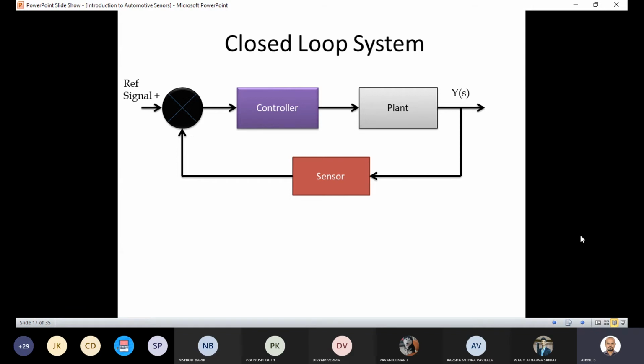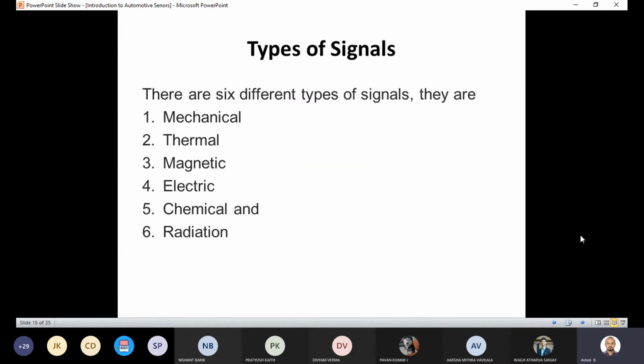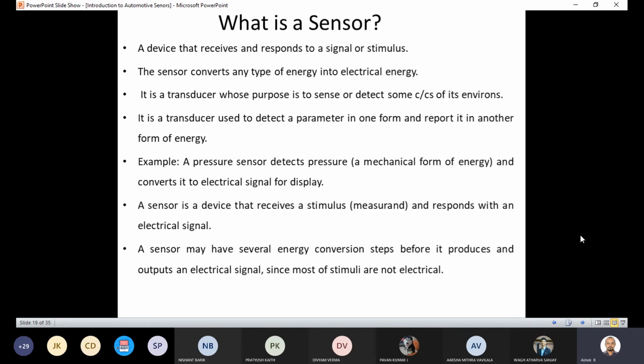For this purpose the sensor is used. What types of signals can be measured using a sensor? Mechanical, thermal, magnetic, and electrical signals, for example how much voltage or current is going through a particular circuit, as in the case of a battery. Similarly chemical aspects and radiation-related signals. All these signals can be measured with the help of a sensor.